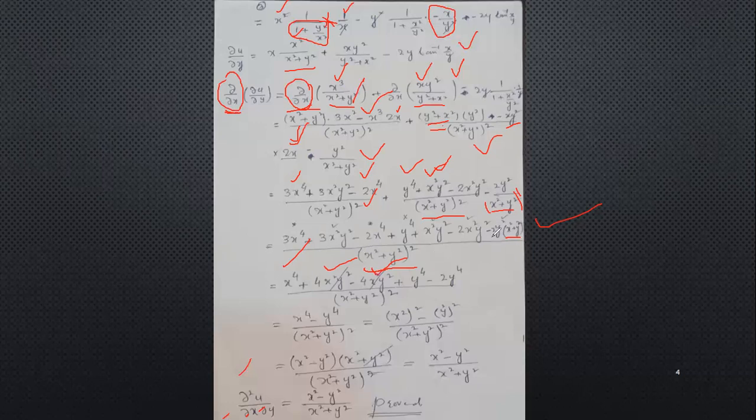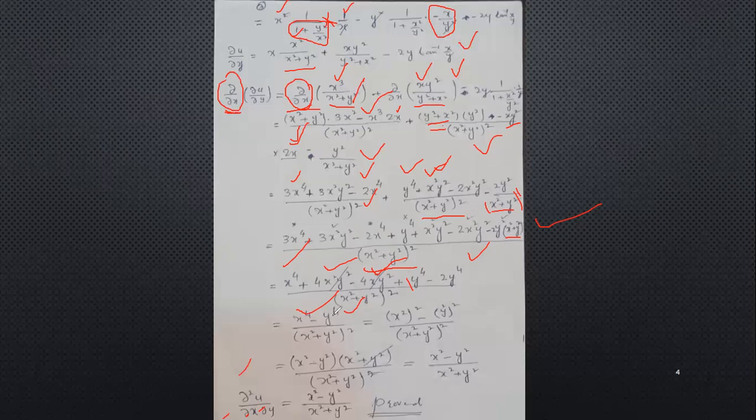And here after multiplication, minus 2 into y square with y square, then we get minus 2 into y raised to power 4. Now this term is negative, this term is positive, so they cancel with each other. After that we get x raised to power 4, and 1 y raised to power 4 subtracted from minus 2 y raised to power 4, so we get minus y raised to power 4.